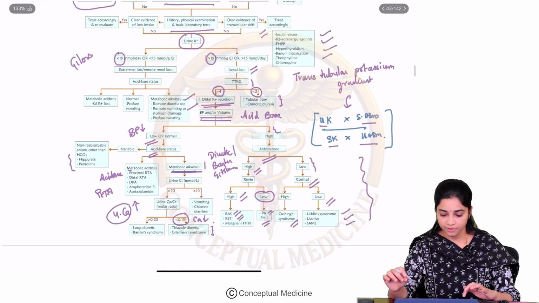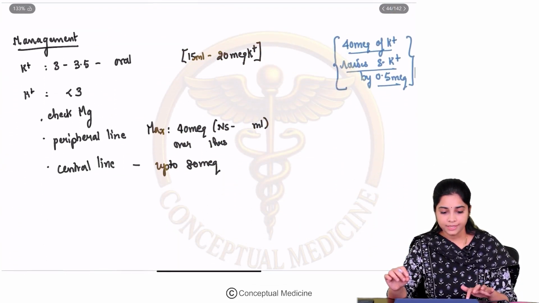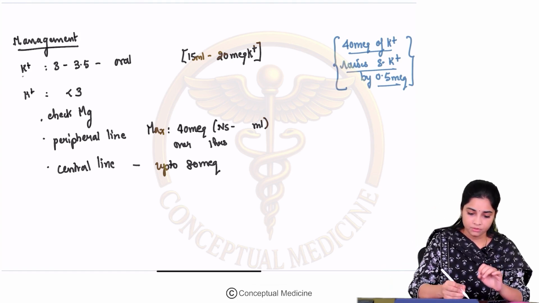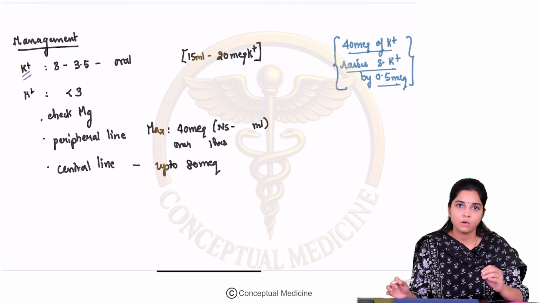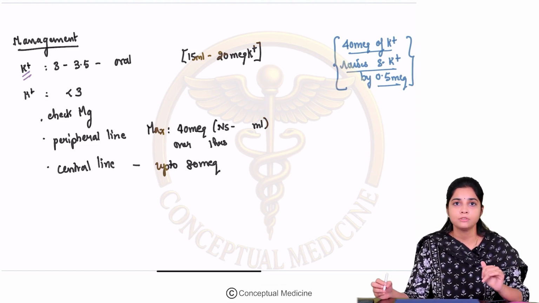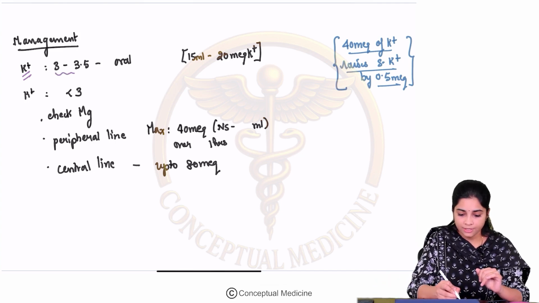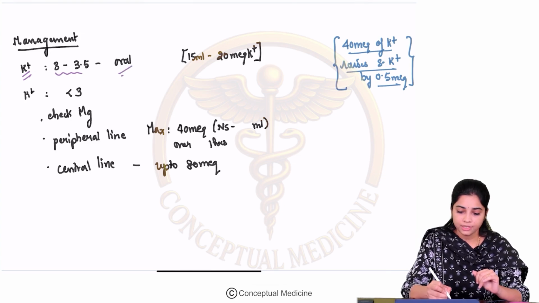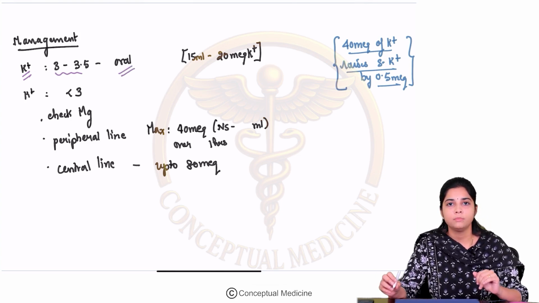Alright, fine. Now, let us move ahead to the management. So, if the patient is not in an emergency situation like flaccid paralysis and the patient is able to take orally and the potassium levels are between 3 and 3.5, then you correct the potassium using oral potassium chloride.